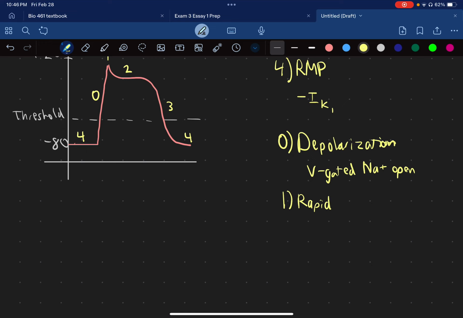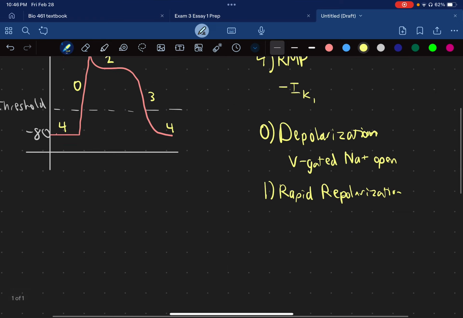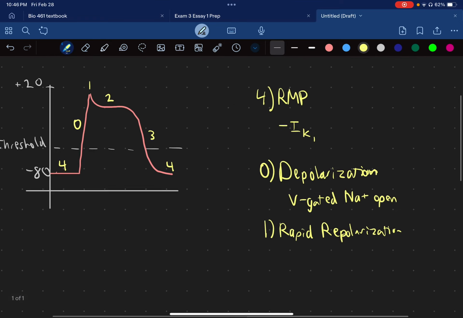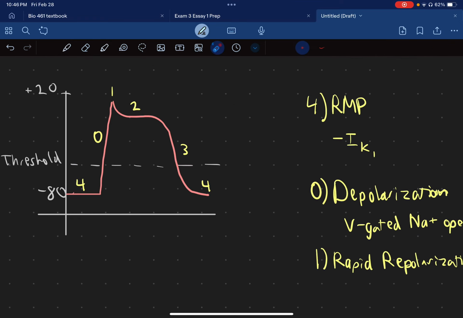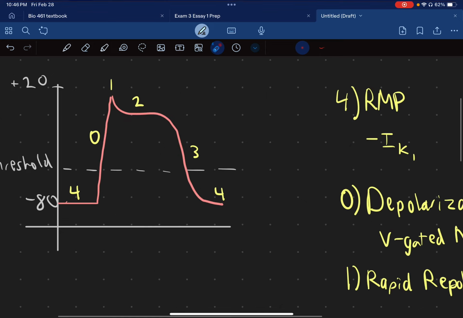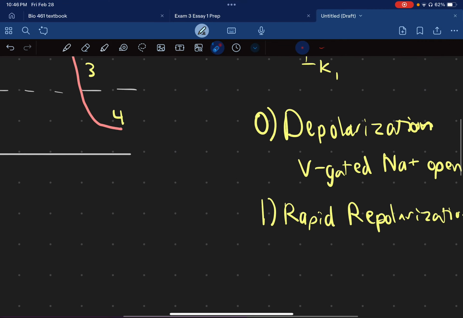So we're going to have an initial rapid repolarization. At this rapid repolarization, our sodium channels are going to close, and a couple of potassium channels, not the same ones as before, are going to open, and then also some chloride channels are going to open.